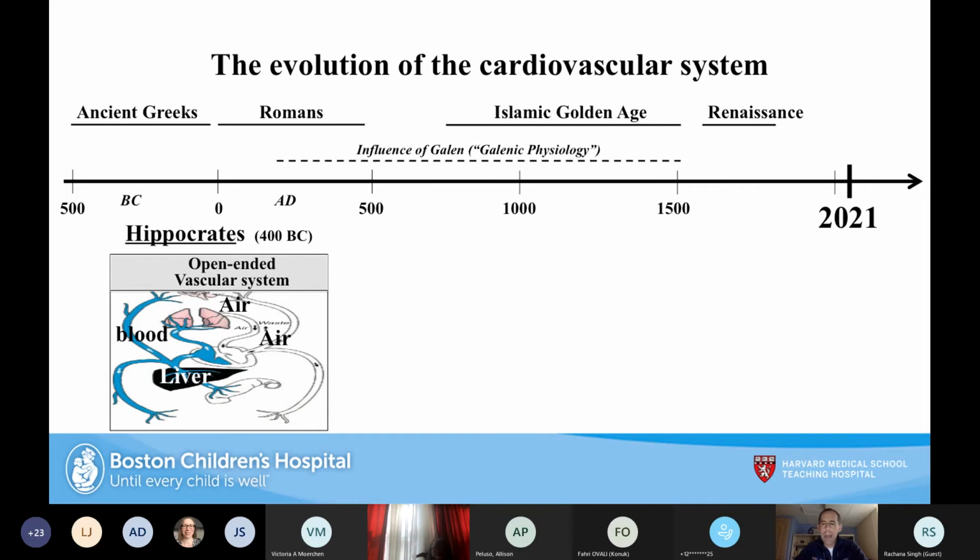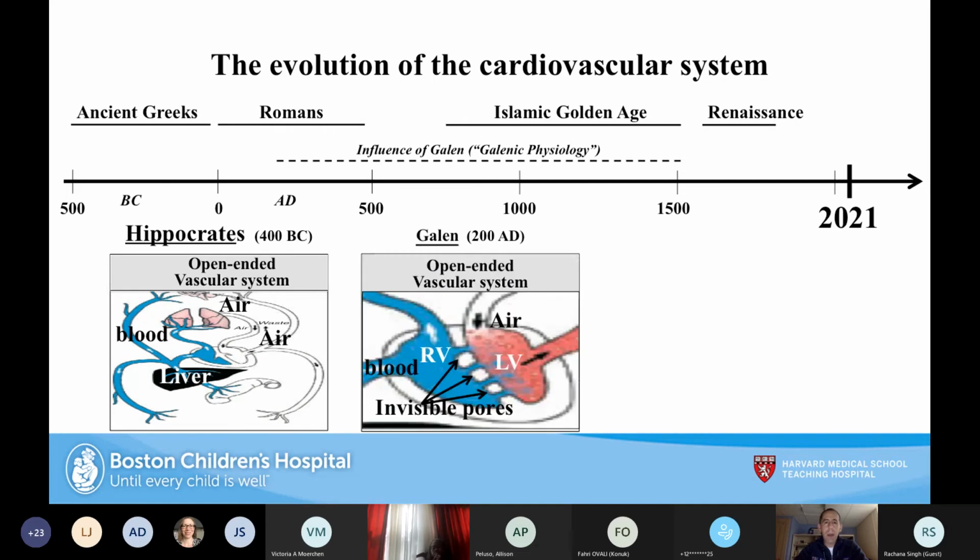We know that's not exactly how it works, but then Galen came along, and Galen said, well, for blood to go from the right side of the heart to the left side of the heart, there had to be invisible pores. And this way of thinking actually existed for almost 1,500 years through what we call the Dark Age. Anybody who challenged this thinking was considered to be a heretic and put to death.